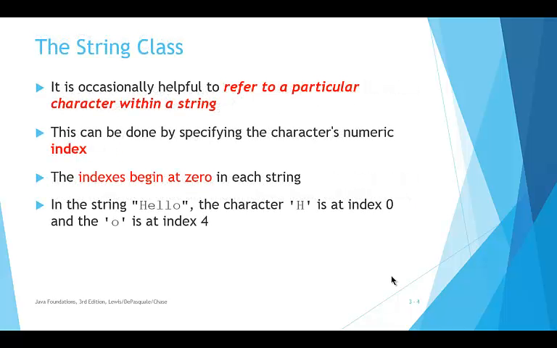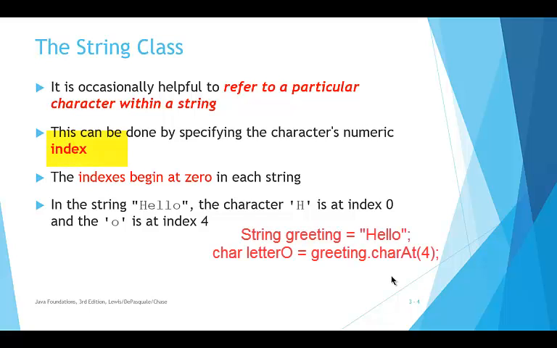Some other features of the string class is that it will allow us to individually select the characters from our string. So if we want to refer to a particular character within a string, we can do that by specifying its index. Just like C++, Java starts counting from 0. So when we're talking about the characters in a string, we start numbering them from 0.